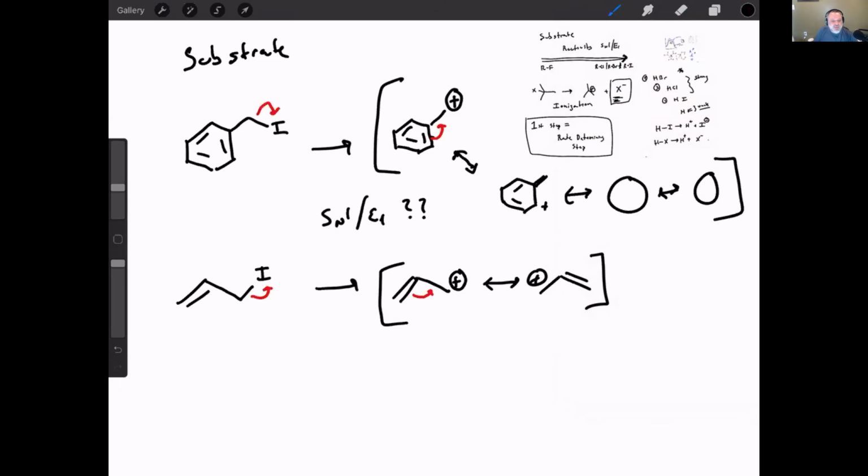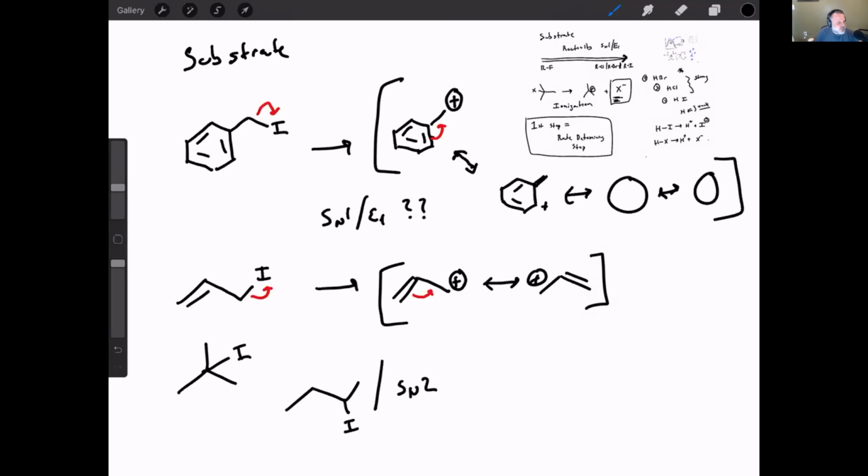So in both of these cases, when we think about the substrate, of course, the tertiary substrate is going to react very fast. A secondary substrate will also do an E1 or E2 reaction, but it's in high competition with bimolecular reactions.